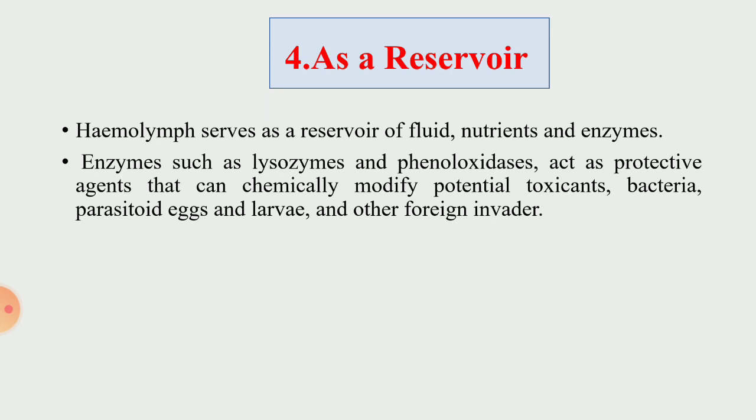Proteins like serpins have antifungal and antibacterial activity. Trehalose and some storage proteins and amino acids are typical nutrients present in large quantity in the hemolymph.